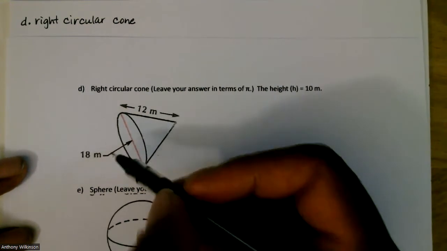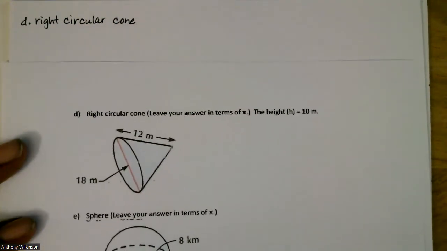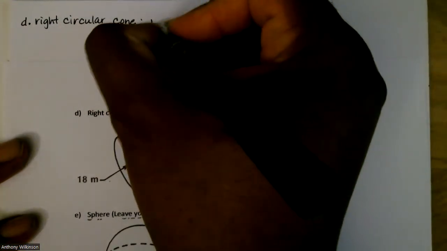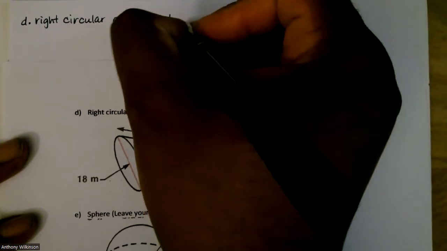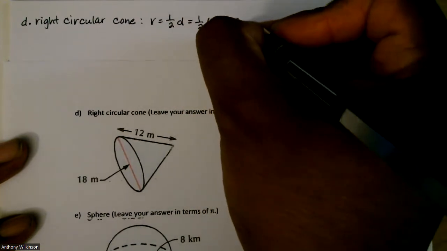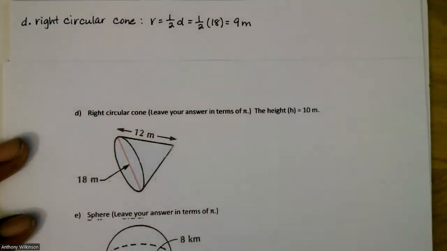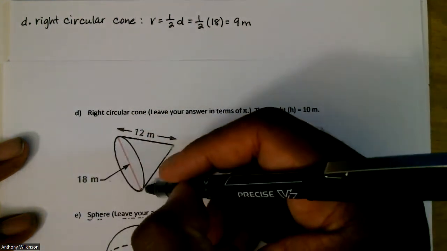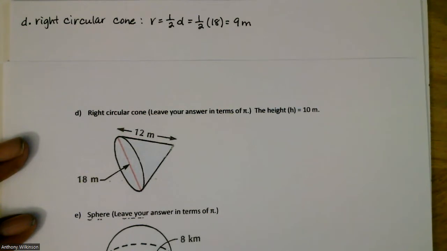The formula calls for the radius. So right off the top, the radius is 1/2 the diameter, and the diameter is 18 meters. So 1/2 of 18 is 9 meters. Even the formula for finding the volume of a right circular cone calls for the radius. So if you're given a diameter, you have to take half that diameter in order to find the radius.